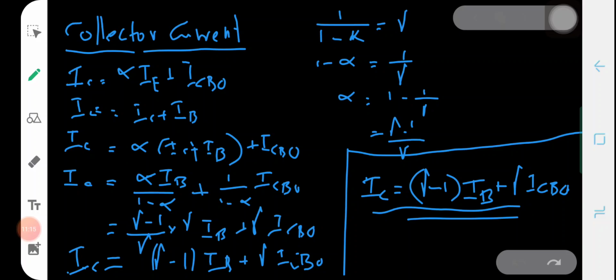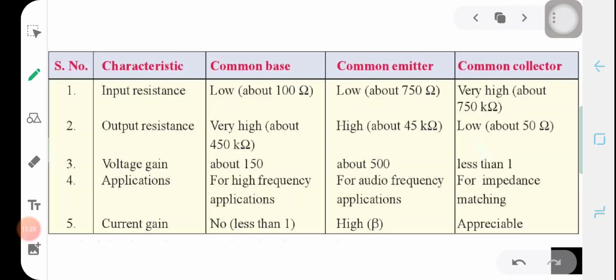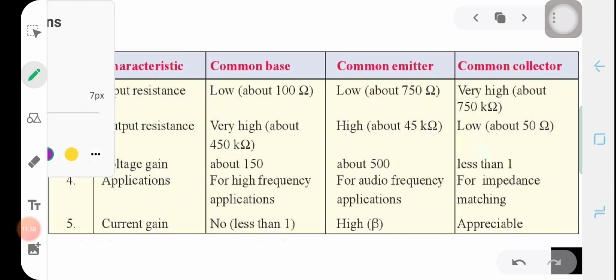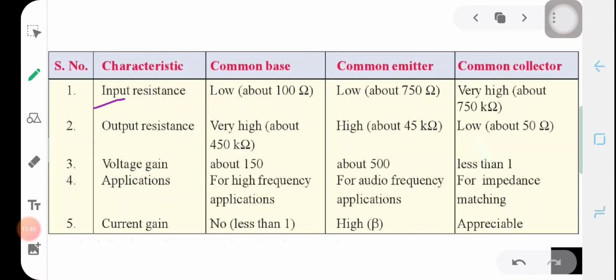Then so far we have discussed all the three types of transistor connections, and let's have a comparison between these three transistor connections. So first of all, let's consider the input resistance.